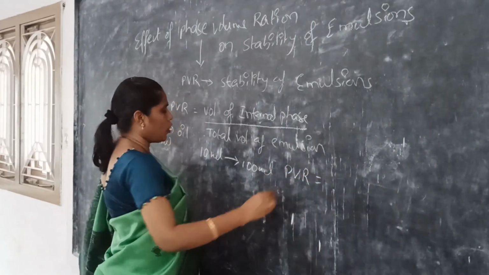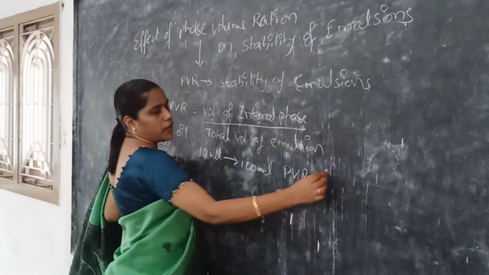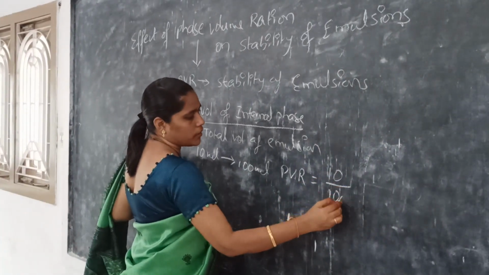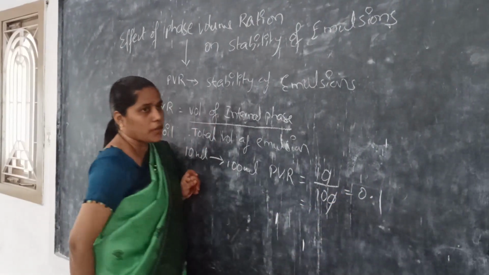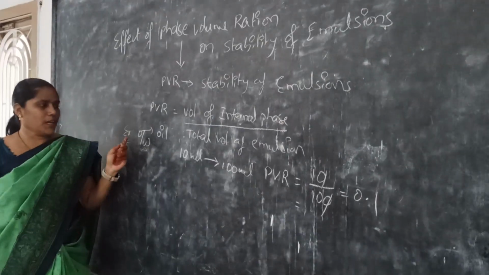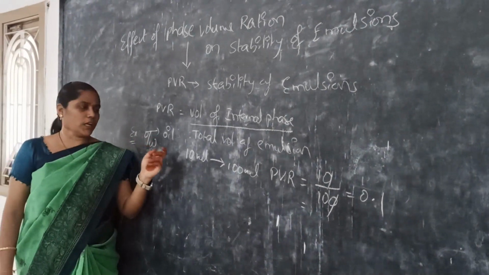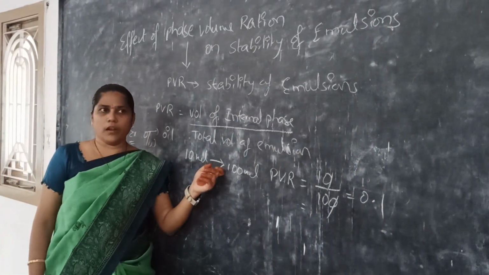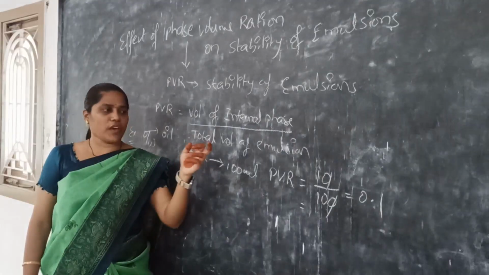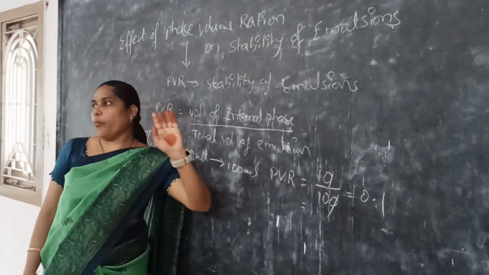Phase volume ratio of this emulsion is 10 by 100, that means 0.1. So if you prepare an oil in water emulsion by taking 10 ml of oil and the total volume of emulsion is 100 ml, then that emulsion has a phase volume ratio of 0.1.